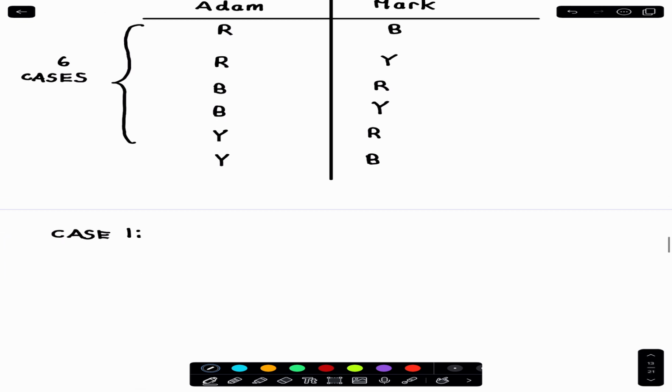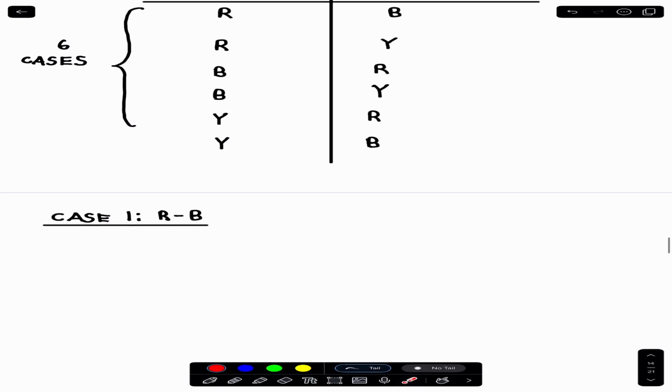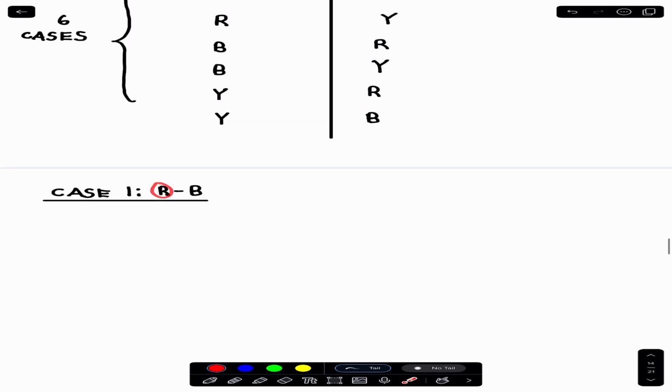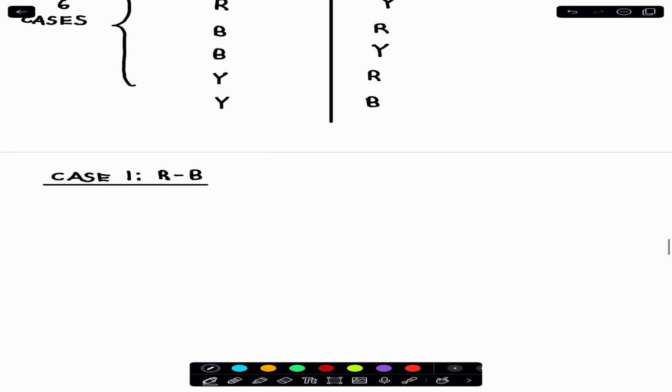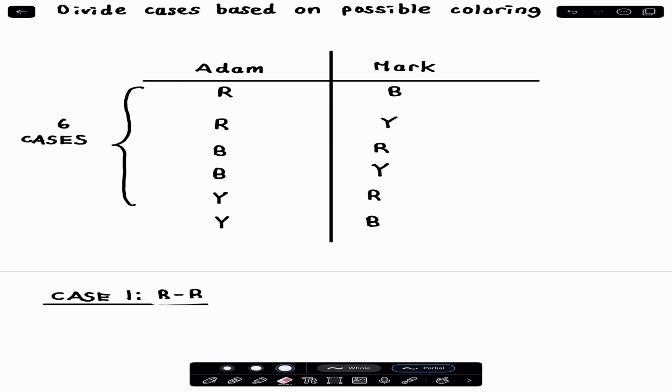Will look something like red and brown. So conventionally, what this means is Adam comes first, and then Mark. This is Mark's M&M. So RB is going to be this row over here.